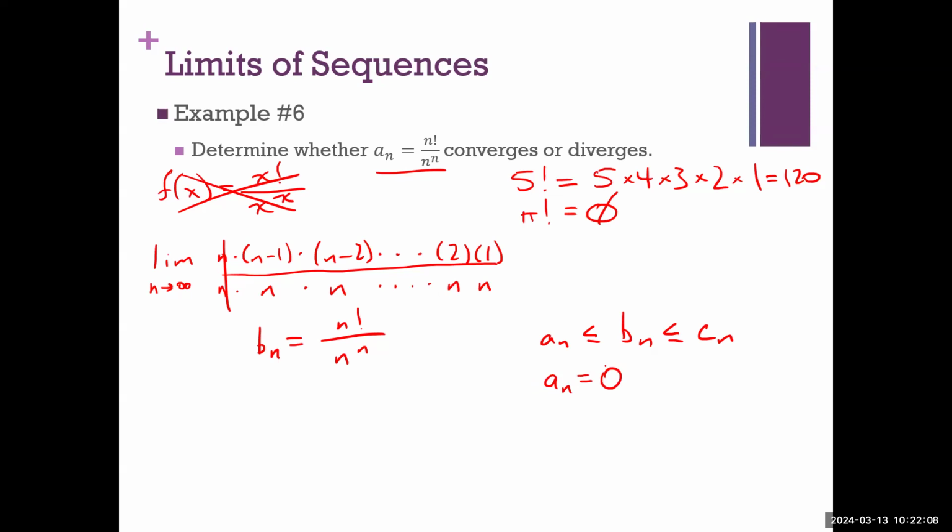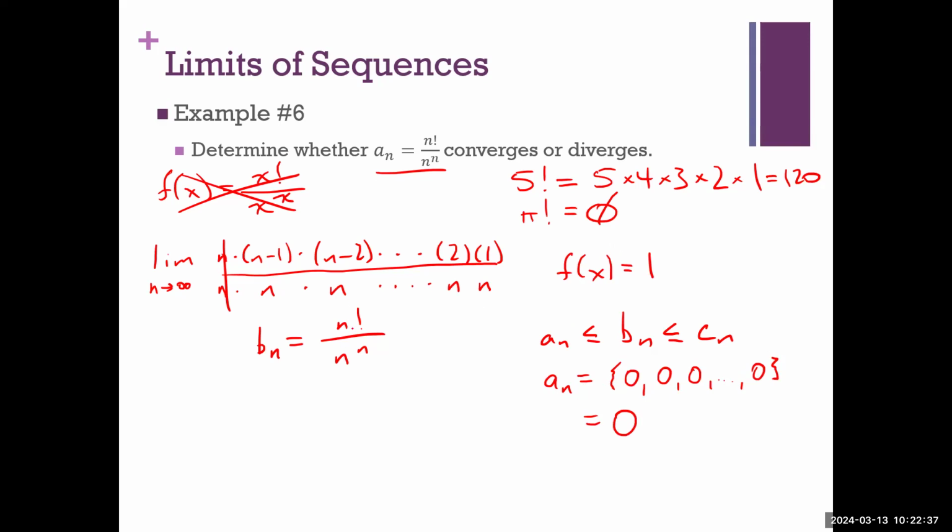It's a very non-interesting sequence, but basically what a sub n looks like is this. All the terms in it are 0, 0, 0. It's a constant. It's kind of like the function f of x equals 1. For all x values, f of x equals 1. For all n values, a sub n equals 0.